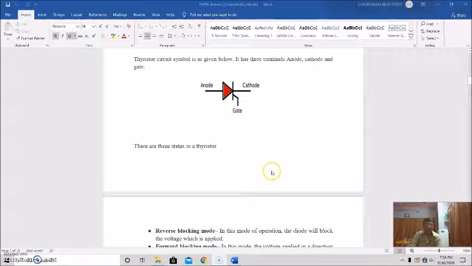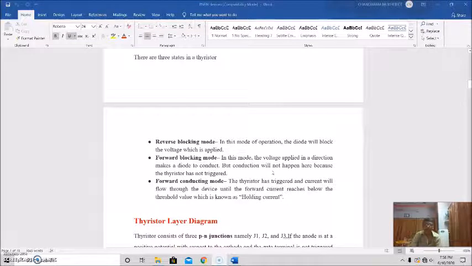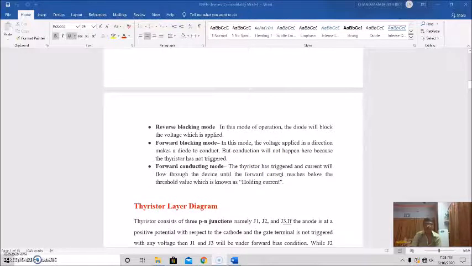Mainly thyristors operate in 3 states. The first one is the reverse blocking mode, in which the device will block the voltage applied in the reverse direction. Then the forward blocking mode: the voltage applied in a direction that would make the diode conduct, but conduction will not happen here because the thyristor has not been triggered.